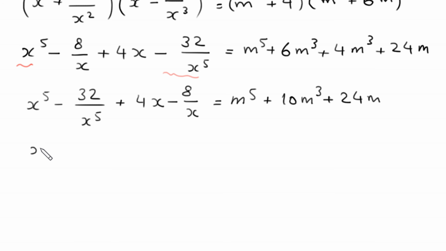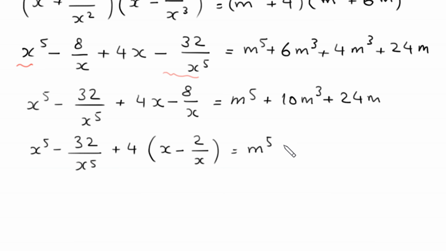Next, x to the power 5 minus 32 over x to the power 5. From these two terms we can factor out 4 plus 4 as common. In bracket, x minus 2 over x, is equal to m to the power 5 plus 10m cubed plus 24 times m.